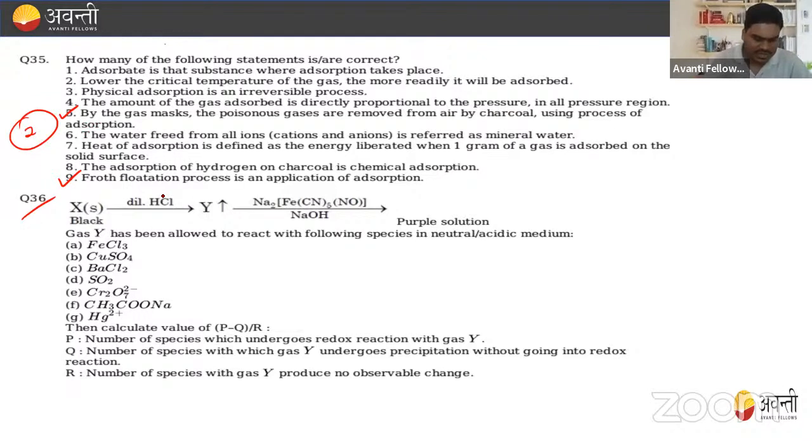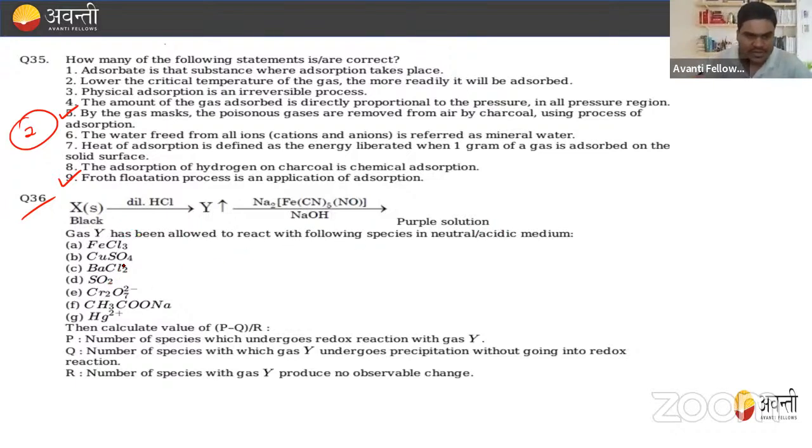Now move to the 36th question. In this question, X is a black solid which when heated in dilute HCl forms a gas Y. When treated with sodium nitroprusside in NaOH, it gives a purple solution. Gas Y is allowed to react with the following species in neutral or acidic medium.